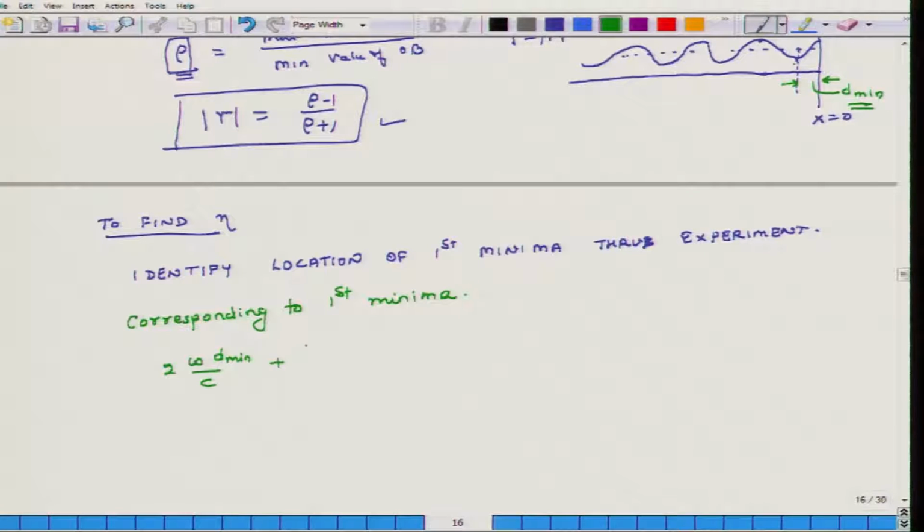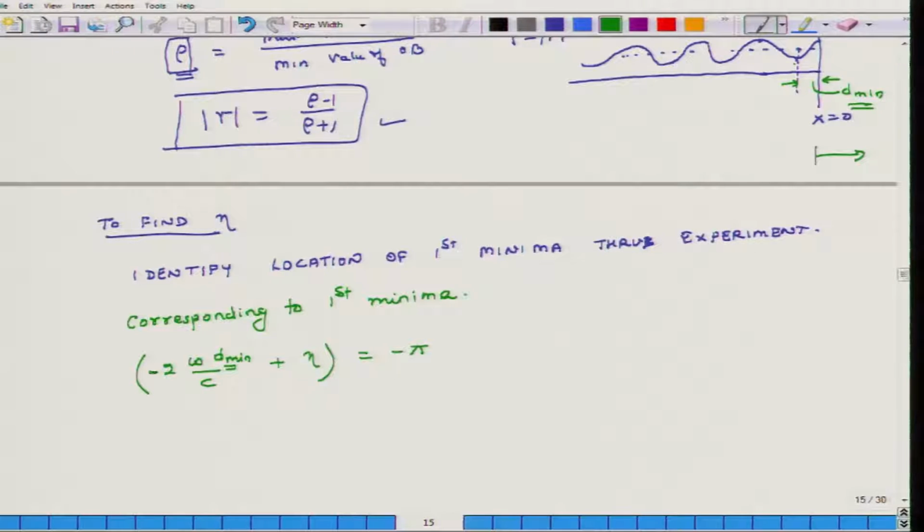and there is a 2 here, plus eta, this equals minus pi. And why am I using minus pi? Because I am going in the negative direction. The other thing is that for this d min, our positive axis is rightwards, so the coordinate associated with d min is negative.